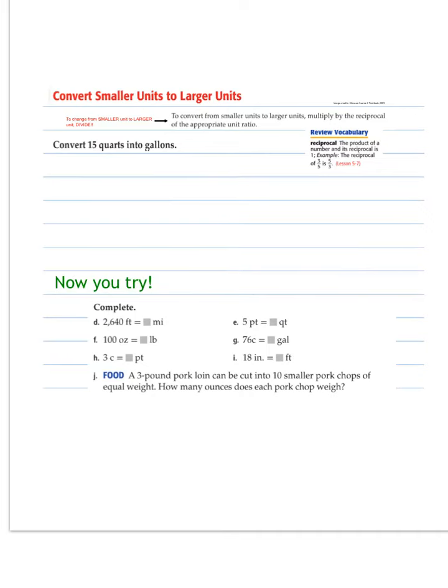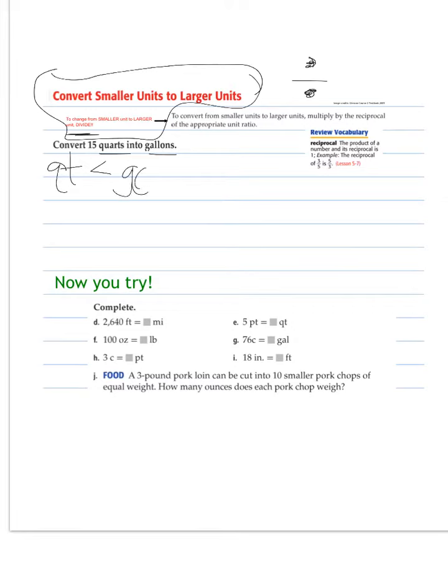Okay, when we're converting smaller units to larger units, then we need to divide. So another thing that you want to write down and then circle it. Smaller to larger. So now we look at our units. If we want to convert from 15 quarts into gallons, I know that a quart is smaller than a gallon. And I also know that there's 4 quarts in 1 gallon.